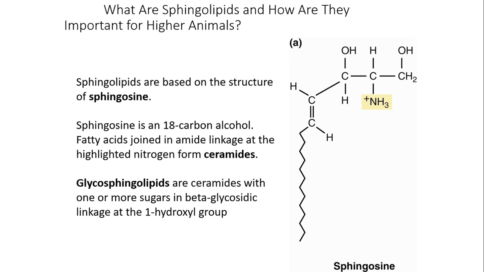Gangliosides are the most common glycosphingolipids, and that has the ceramide backbone, but also 3 or more sugars attached to it. You'll find in nerve tissue sphingomyelins. These are phosphate esterified and have polar heads. And I'm not sure we'll take a close look at those, so don't worry about those at the moment.